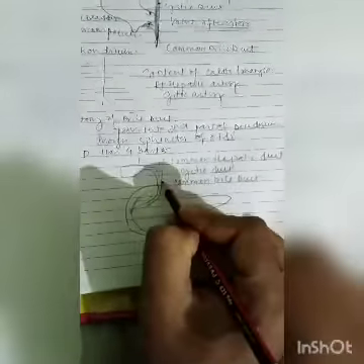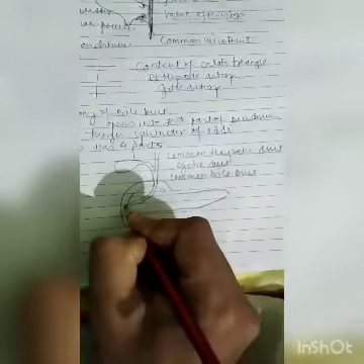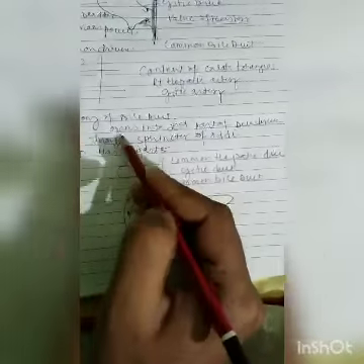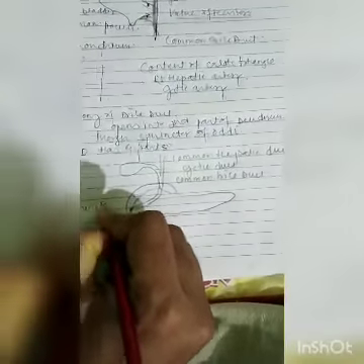So this is the common hepatic duct, and this, as we discussed, opens into the second part of the duodenum through the sphincter of Oddi. This is the sphincter of Oddi.